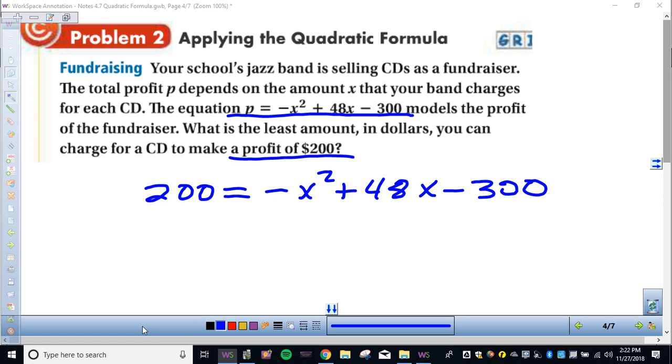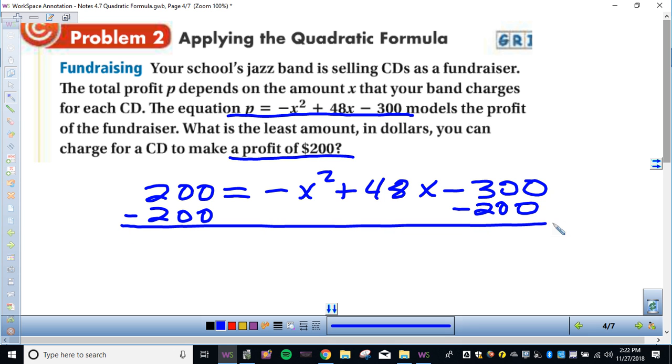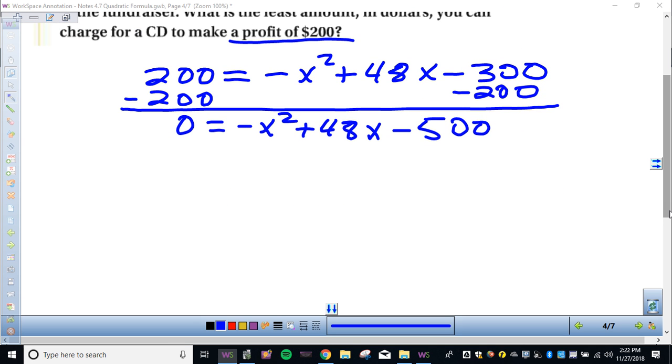So we're going to subtract that 200 over, so we can do the quadratic formula with this. So you end up with negative x squared plus 48x minus 500.